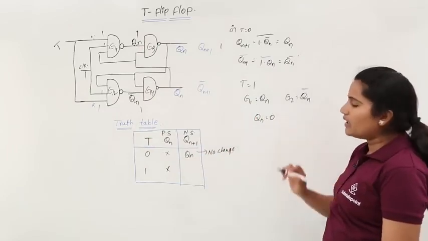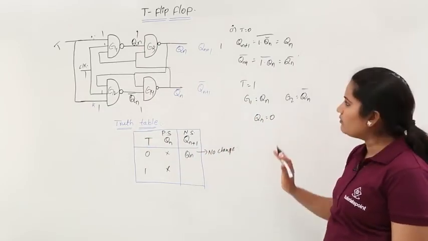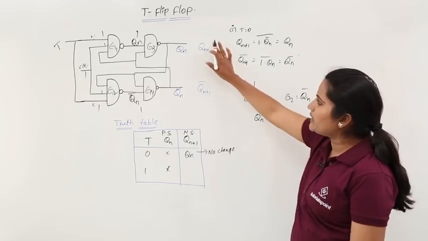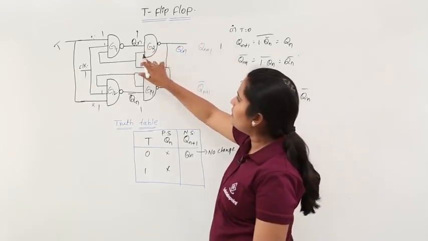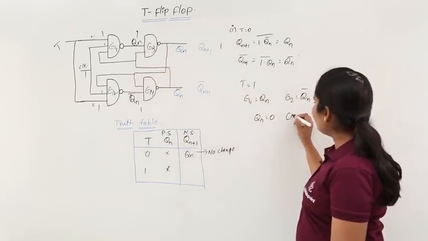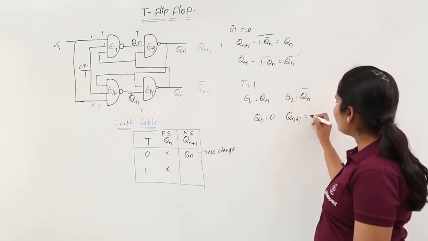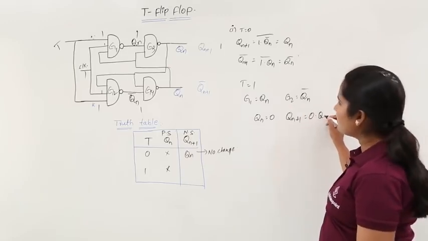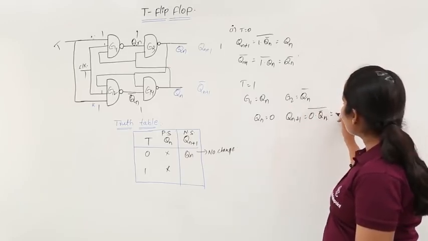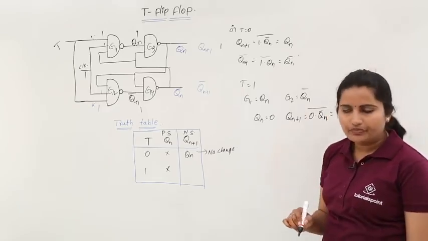For example, Qn equal to 0, then what are you getting at Qn plus 1? Qn equal to 0 means 0 into anything bar, so Qn plus 1 is equivalent to 0 into Qn bar whole bar, which is equivalent to 1 here.